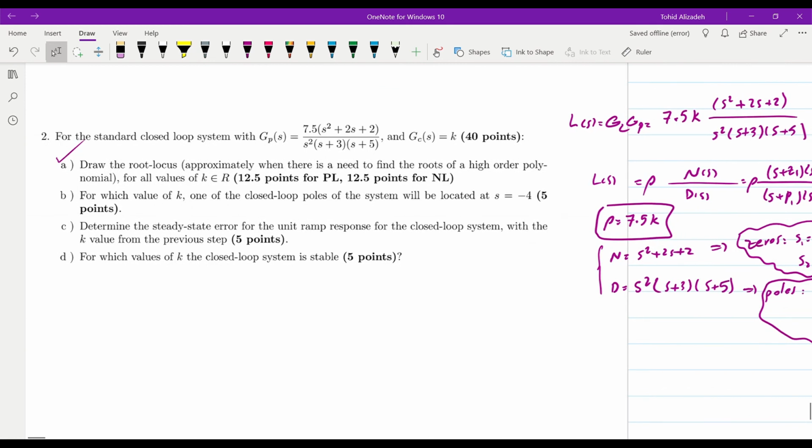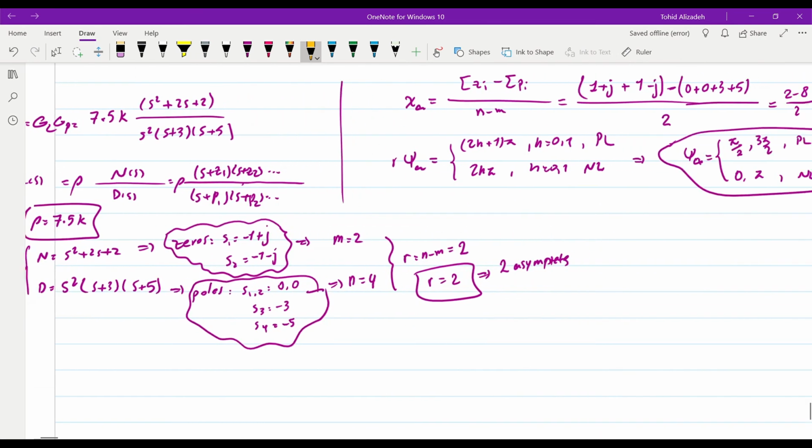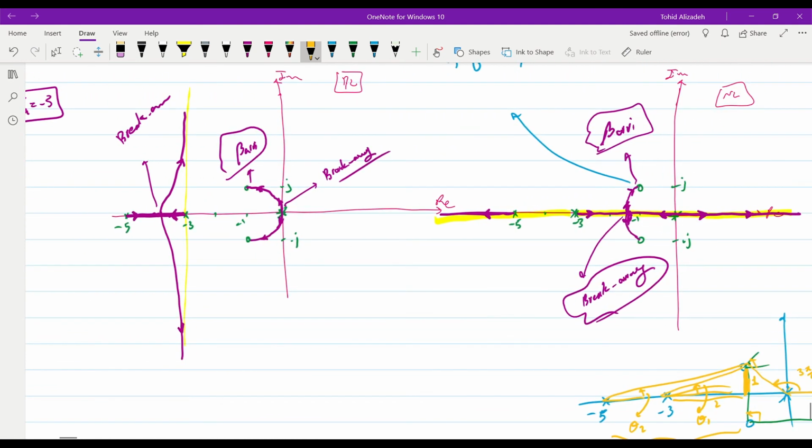The second point says that for which value of k, one of the closed loop poles of the system will be located at s equal to minus 4. So we know that s equal to minus 4 belongs to our locus. It might be even the breakaway point, but we are not sure about that.